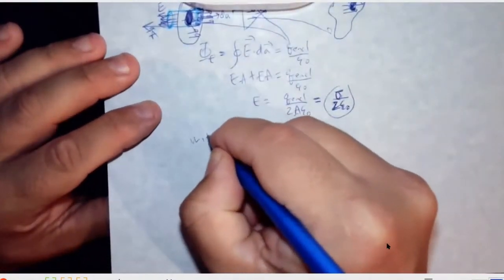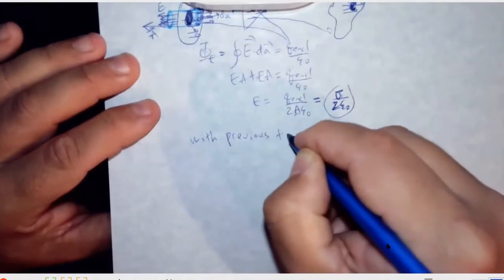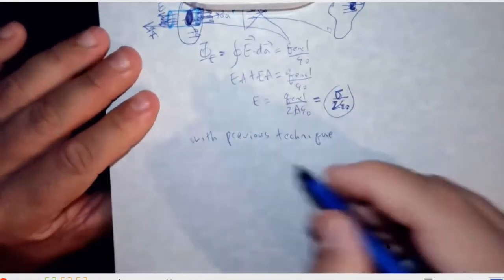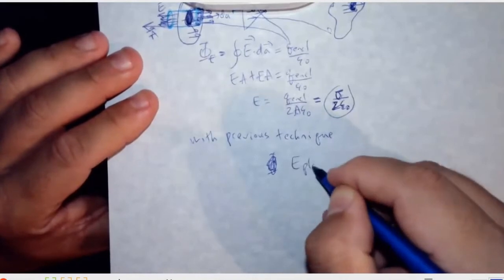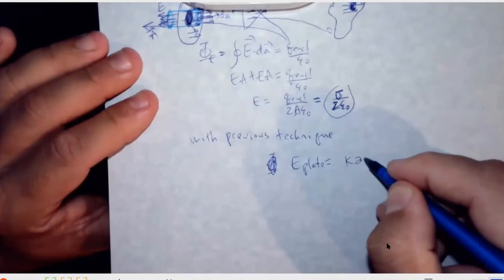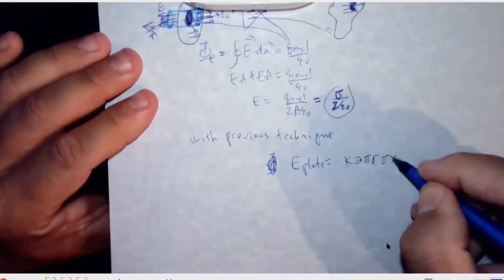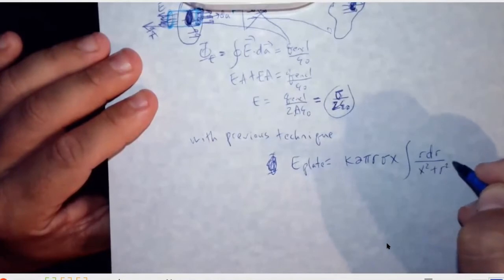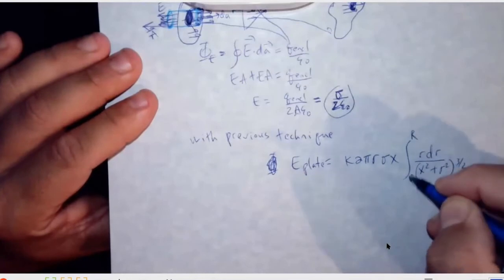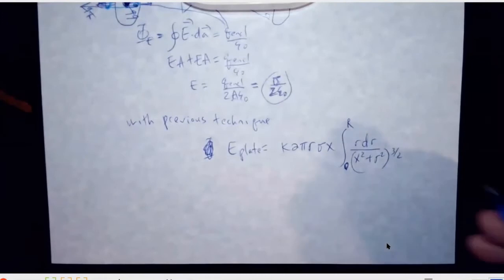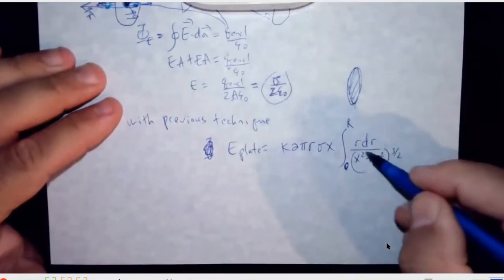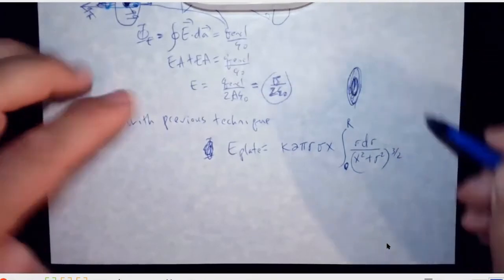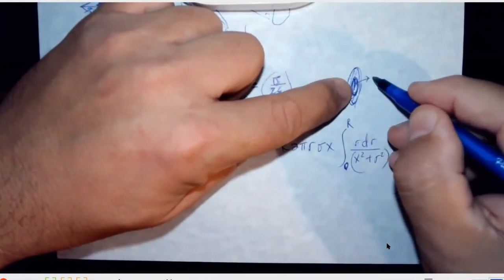With the previous technique, the electric field of a plate is K 2 pi R sigma x, integral dr over x squared plus R squared to the 3/2, from 0 to R. That would be the general equation where R is the radius of a particular ring. x is the distance to any point we want to find the electrical field of.